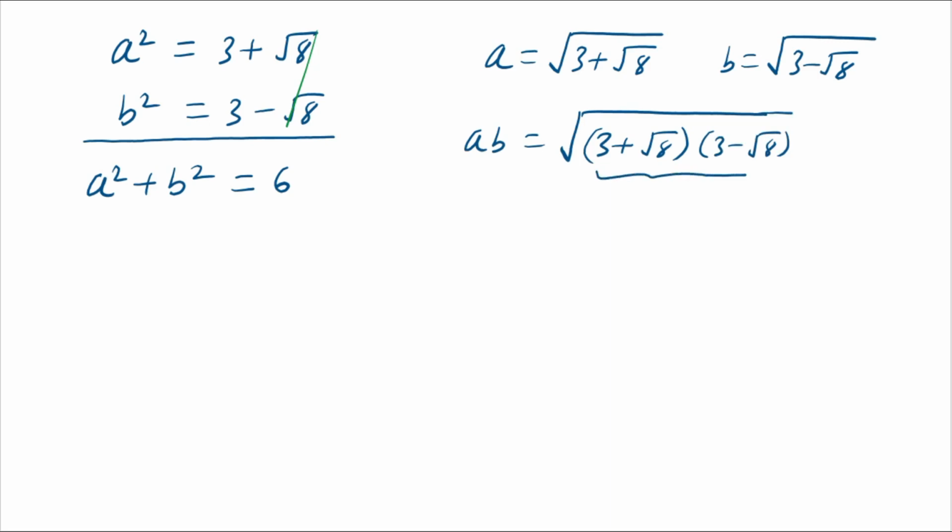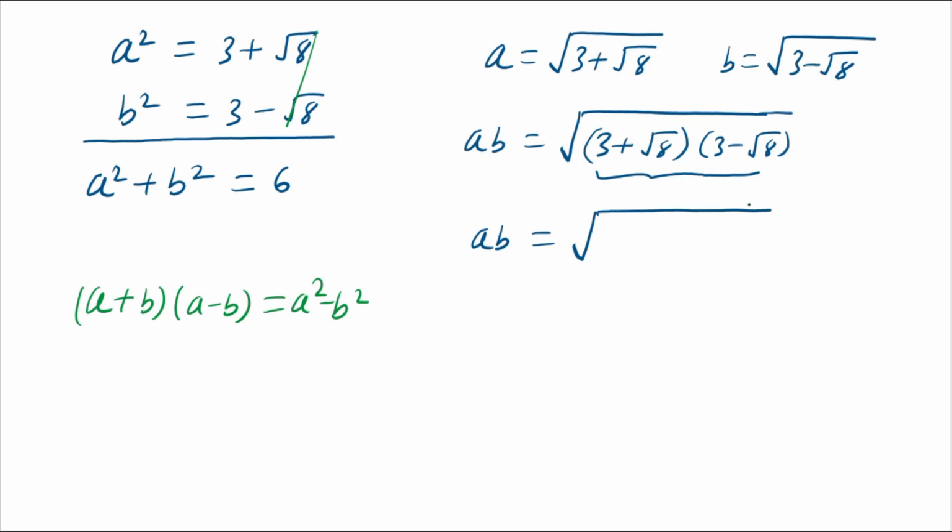Here we will apply this rule: a plus b times a minus b is equal to a square minus b square. If we apply this rule, then a times b is equal to square root of 3 square minus square root of 8 whole squared.